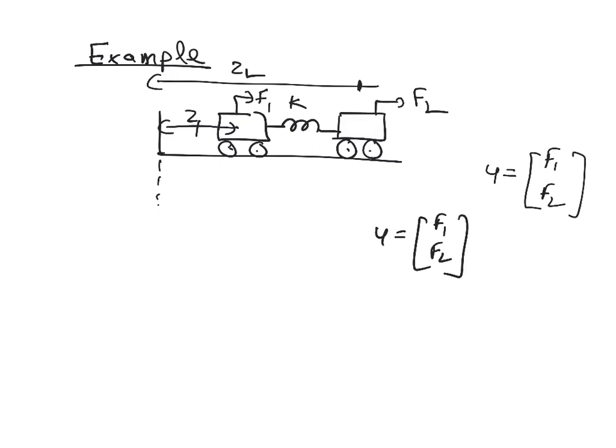Let's choose q equals Z1 and Z2. That's the obvious choice of generalized coordinates, the degrees of freedom we have here.